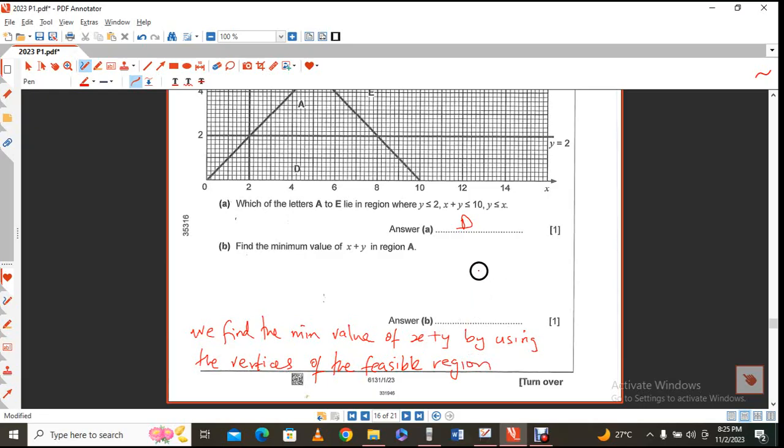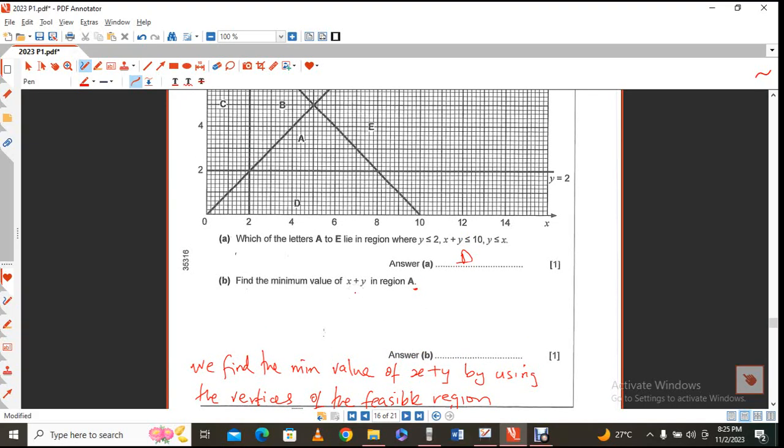They're saying for A, feasible region for A. As long as you have solid lines, and you can see that all of these lines are solid, I'm going to look at this particular vertex, and that vertex, and that vertex. Are we together? If we take this one here, you have the point (2, 2).